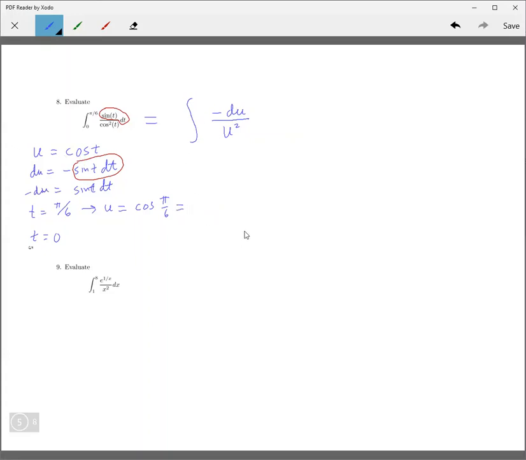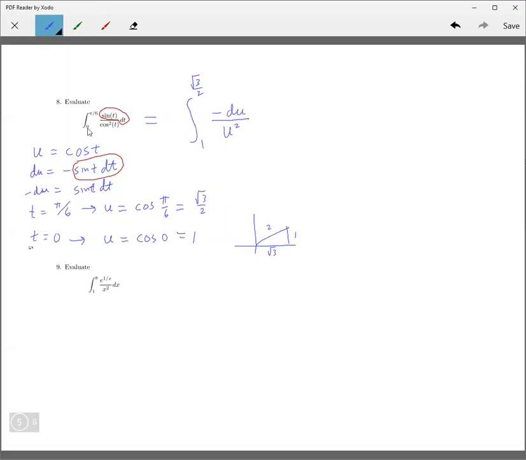What's cosine pi over 6? Pi over 6 would be the 1, 2, root 3 triangle, so cosine is root 3 over 2. This upper limit is going to be root 3 over 2. t equals 0 corresponds to u equals cosine of 0, which is 1. So you're going from 1 to root 3 over 2.